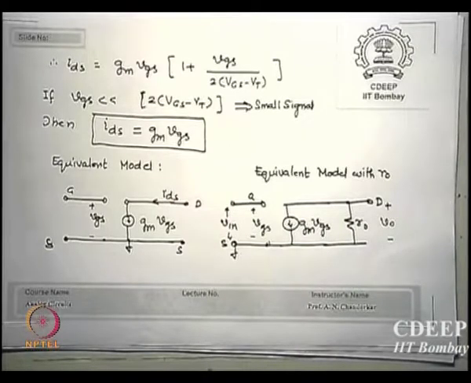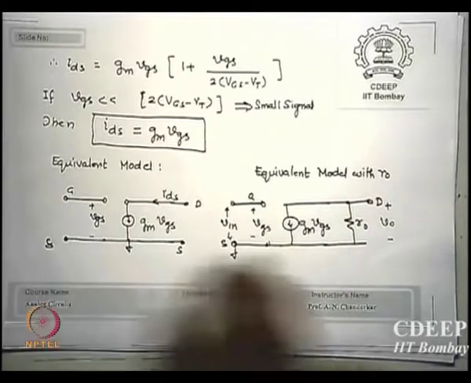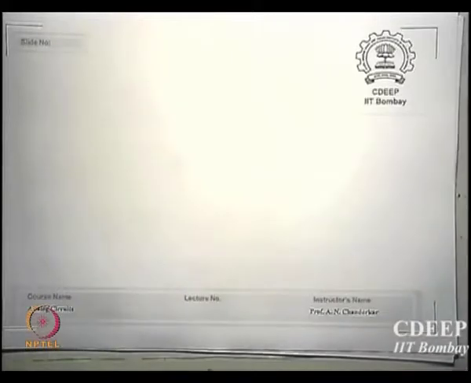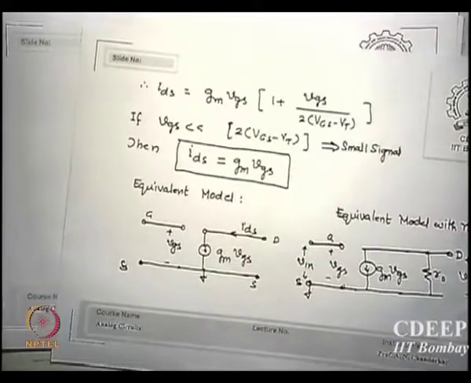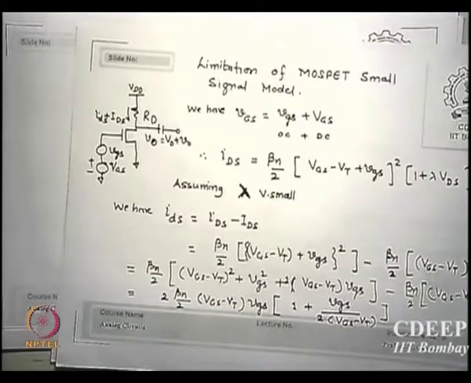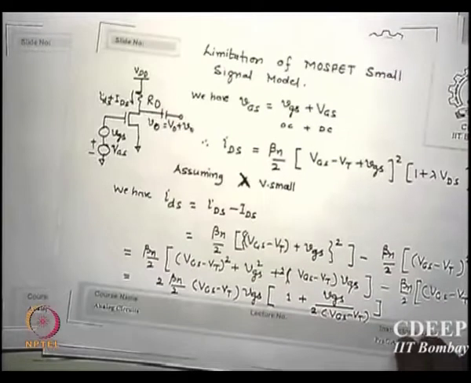But just take a case which is an interesting case, or maybe our circuit is here. If you use this circuit, where will this RD appear in the small signal?